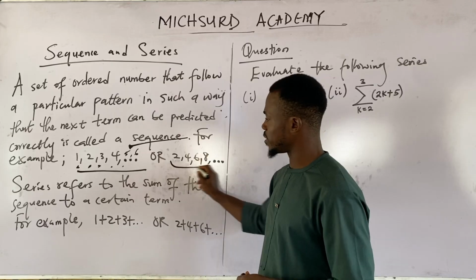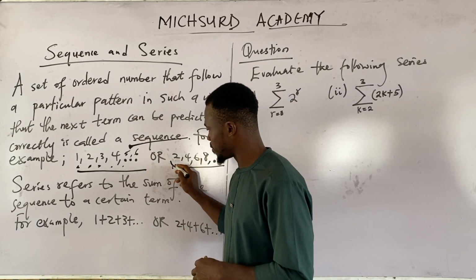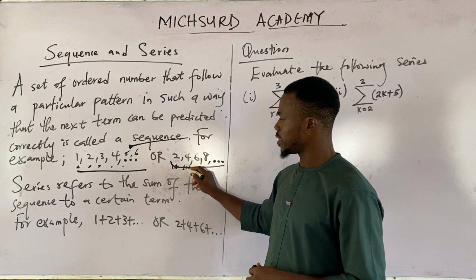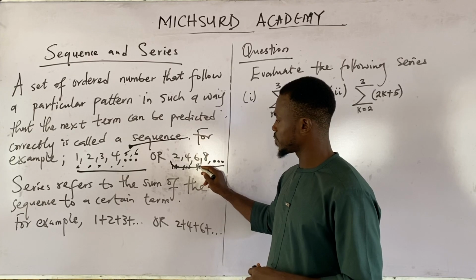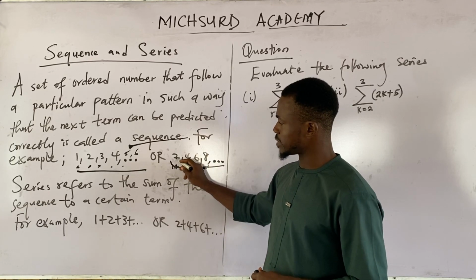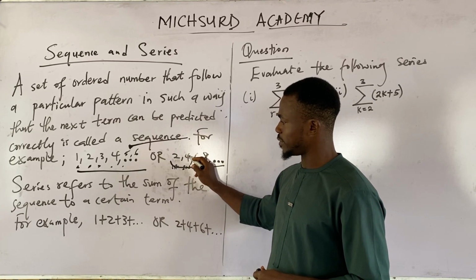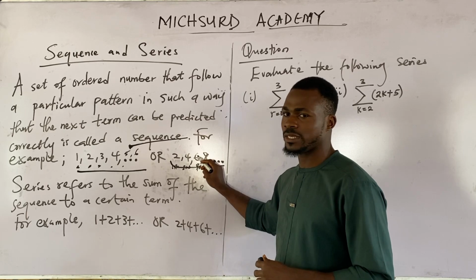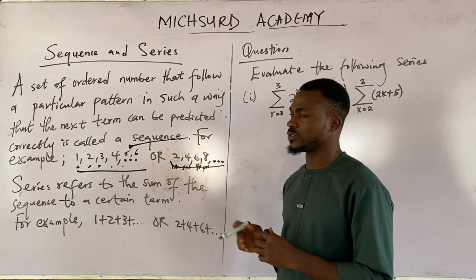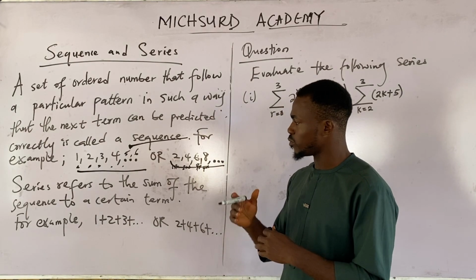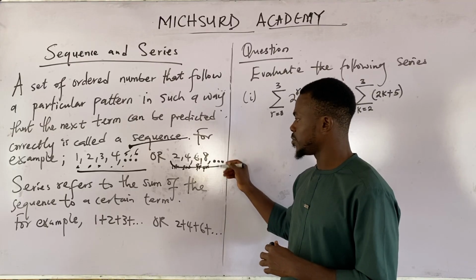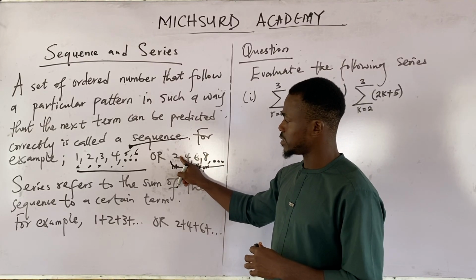The same way we have another example. This is the first term, the second term, the third term, and the fourth term. The first term is 2, the second term is 4, the third term is 6, and the fourth term is what? 8. So I can predict the next term because we see the pattern in which they are forming.